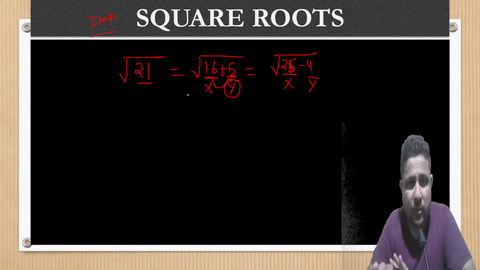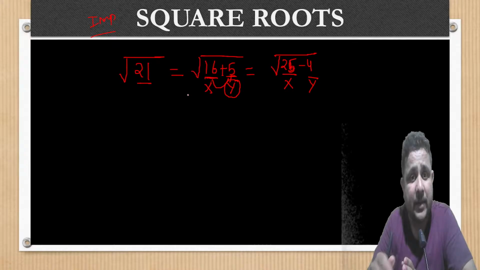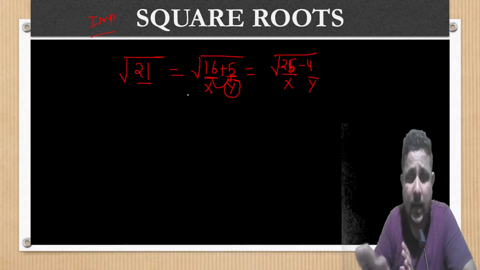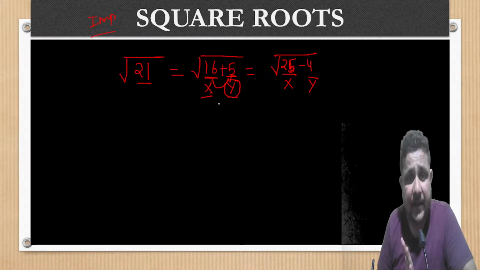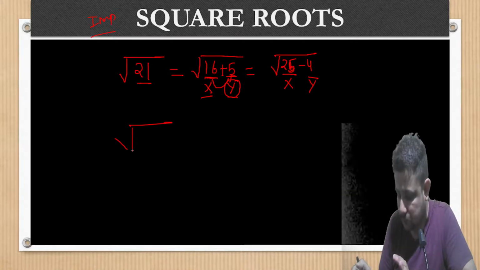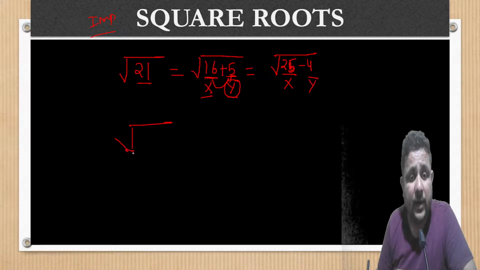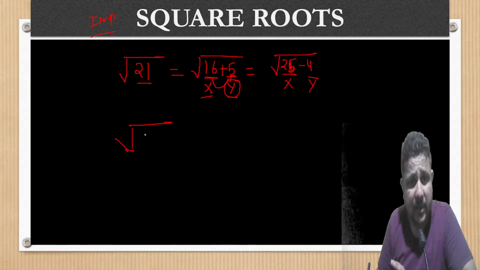I am going to tell you the format by which you can easily get the answer. But first try to understand what is x and what is y. I am taking one more example for your better understanding. Suppose 41.